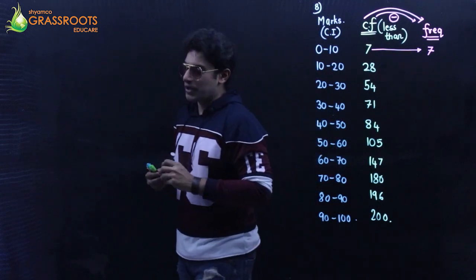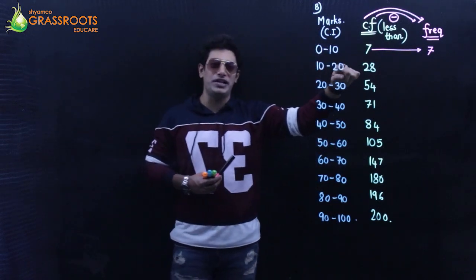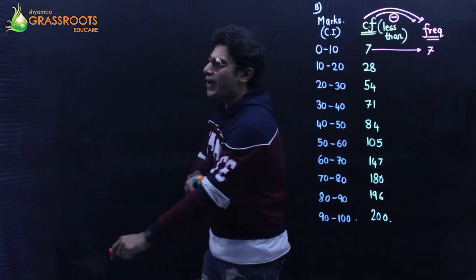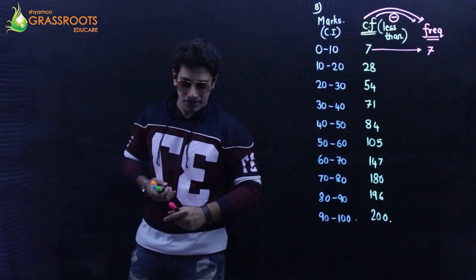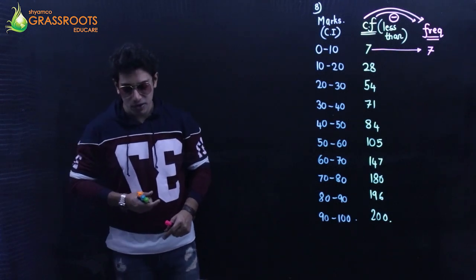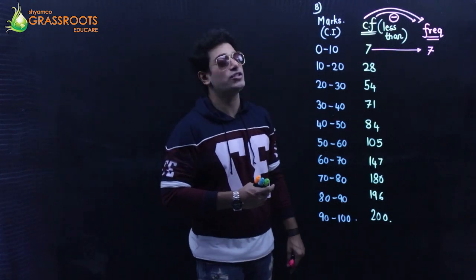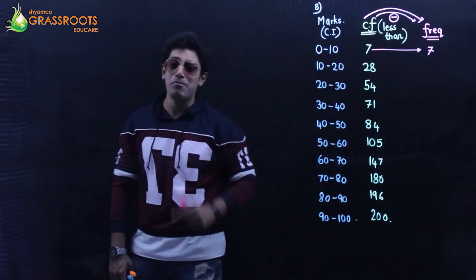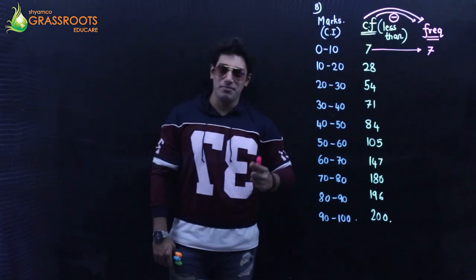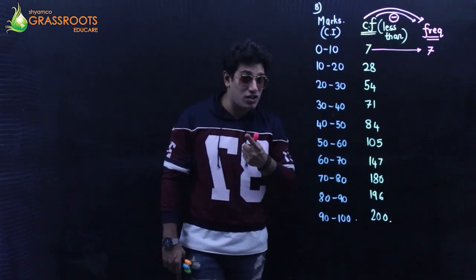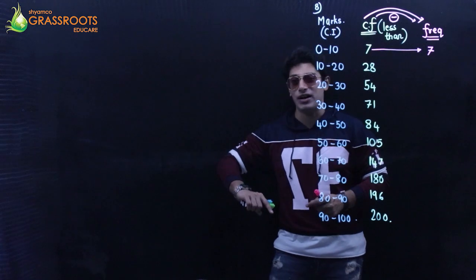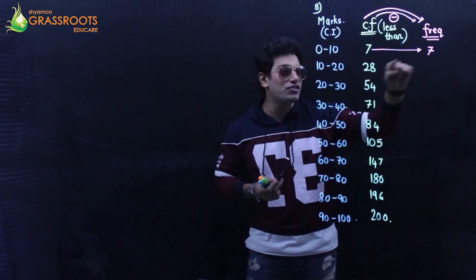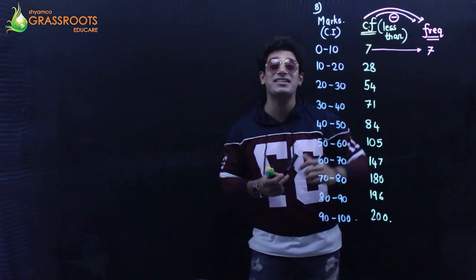Because I have taught you, from frequency to cumulative frequency, from F to CF, we have done sum number 5, where the frequency was given. We found out cumulative frequency by adding across. Please go through that sum. But now we are going the other way around. From CF to F, we subtract upwards. We don't subtract across. We subtract upwards.